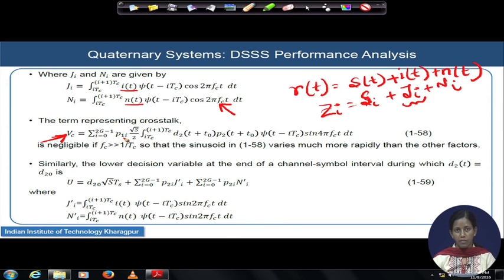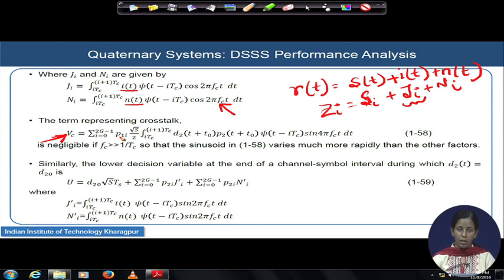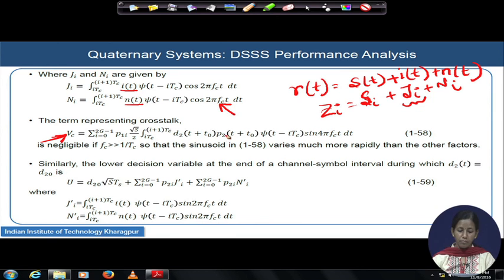P1T and P2T were the two dedicated spreading sequences given to spread the data symbols D1 and D2. Finally, after the final decision both the signals get combined, the decision is combined.